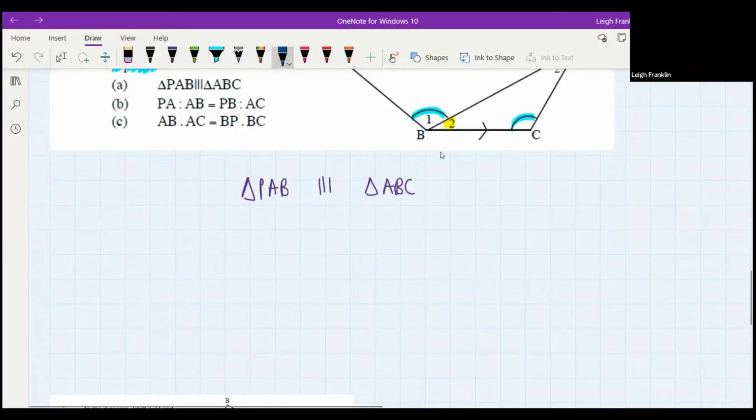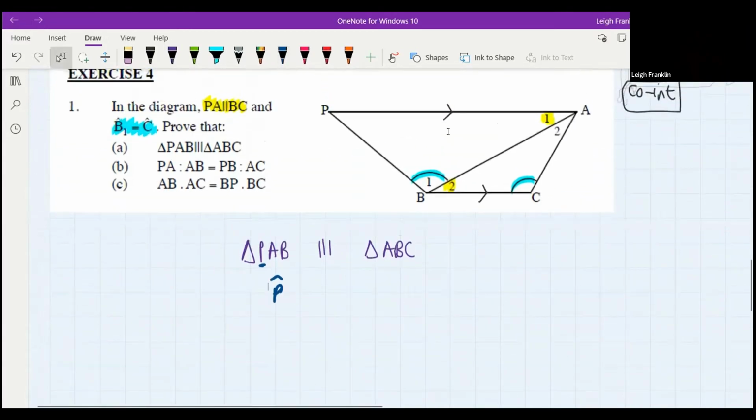What it means is that when I write the letter P on its own, I'm talking about angle P in the one triangle. Okay, so that's this angle up here. Then if angle A comes next, then what it means is that these two angles are equal to one another. Okay, so triangle PAB is this one over here, and triangle ABC is this one over here.